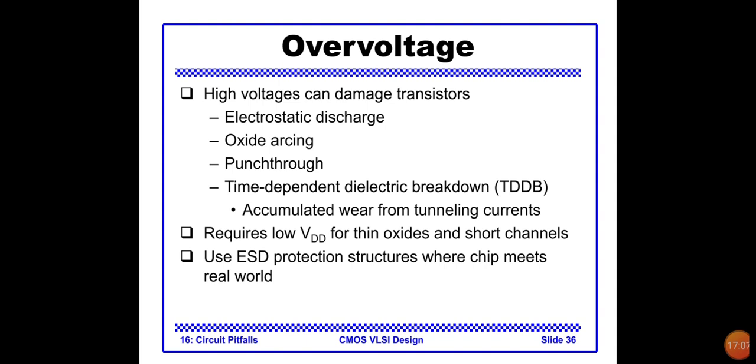Others are oxide arcing and punch through, and time dependent dielectric breakdown, TDDB, which is accumulated wear from tunneling currents. It requires low VDD for thin oxides and short channels. Use ESD protection structures where the chip meets the real world.